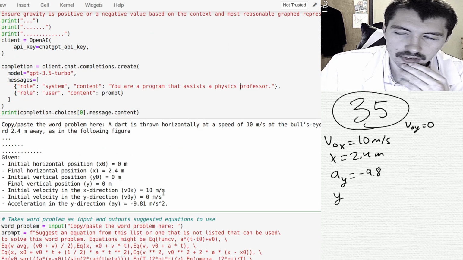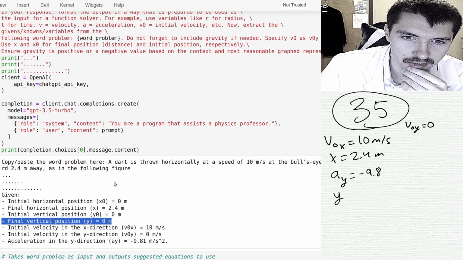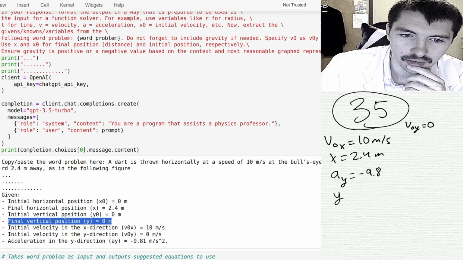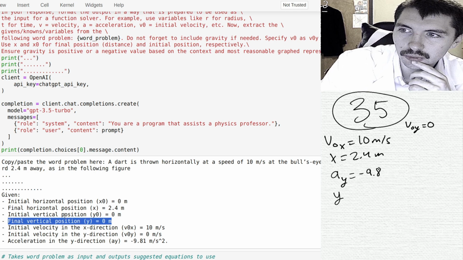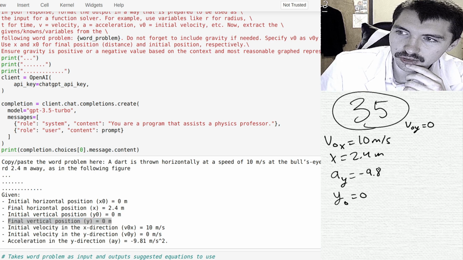Okay, so what's wrong here? This final vertical position is not right. This is what we're solving for, so this is not right. Everything else looks good. So we can say y naught is 0.